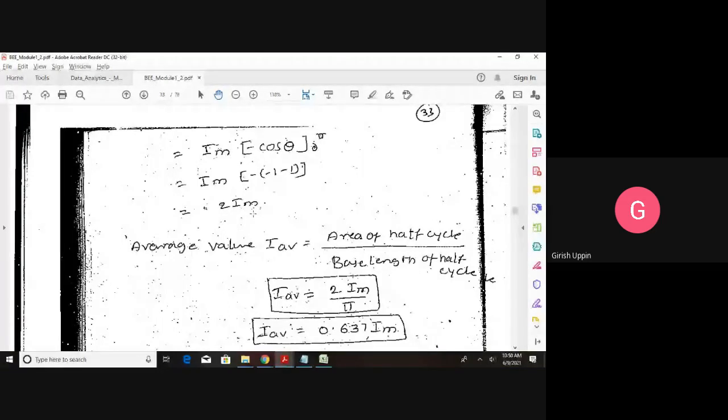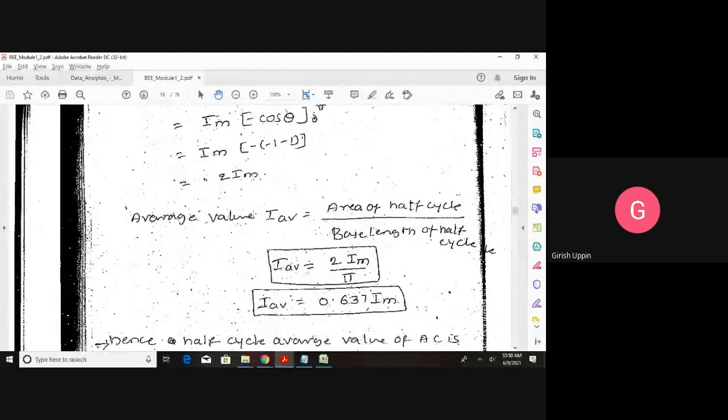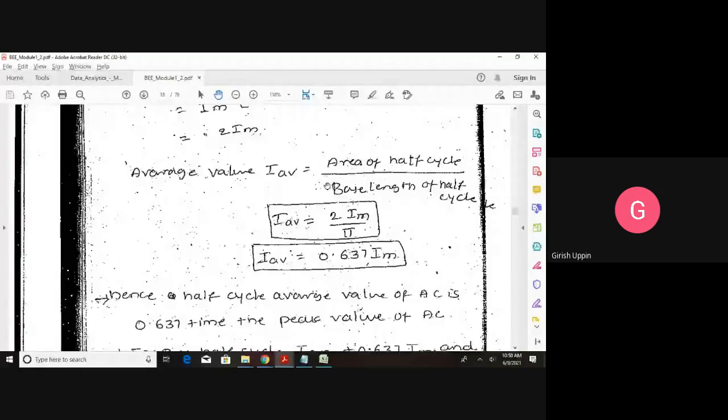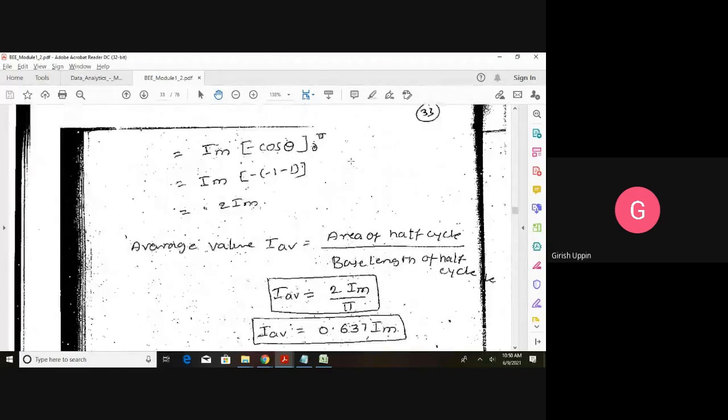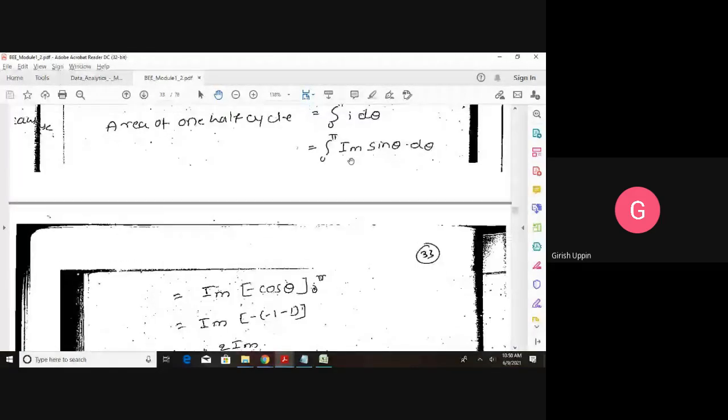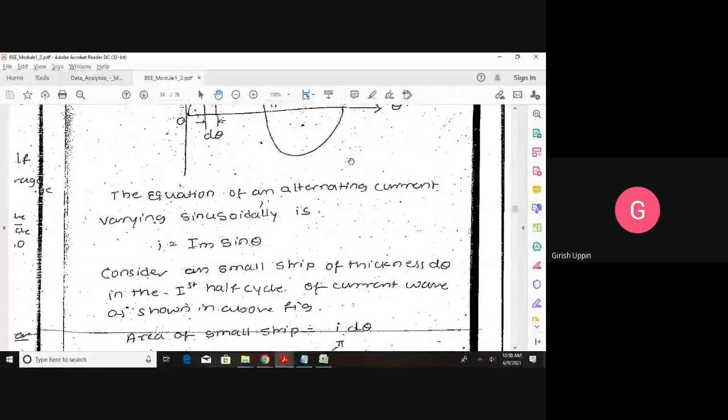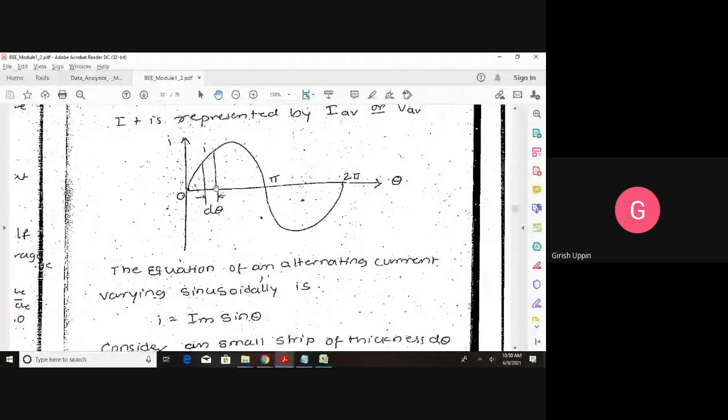Now, what is the average value formula? It is the area of the curve under the half cycle divided by the base length of the half cycle. The area we calculated is 2Im, and the base is pi, the width of this time frame.